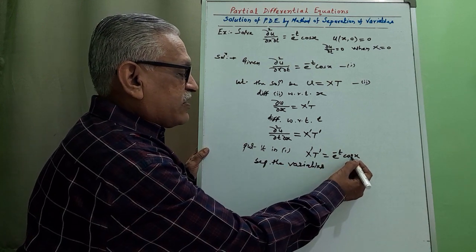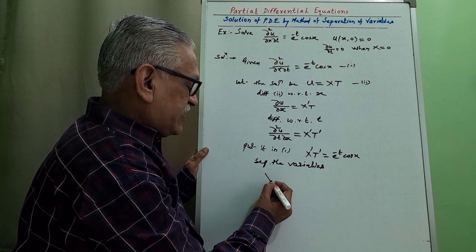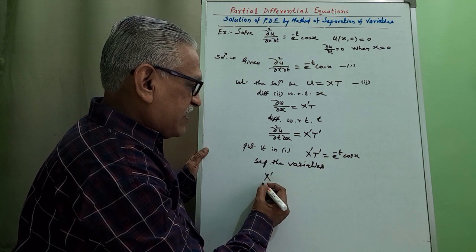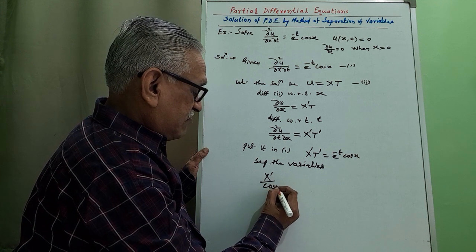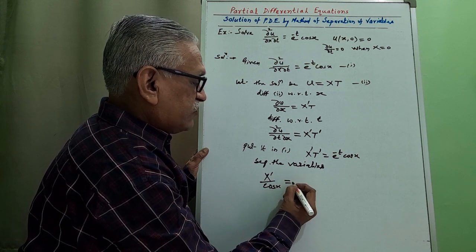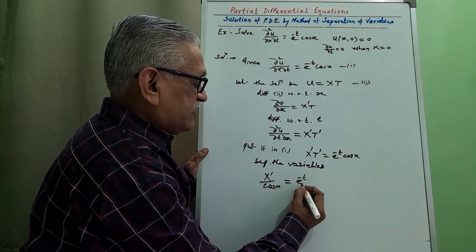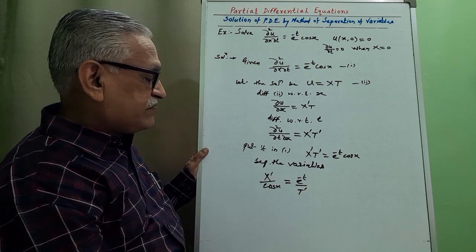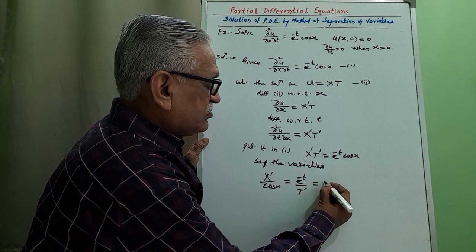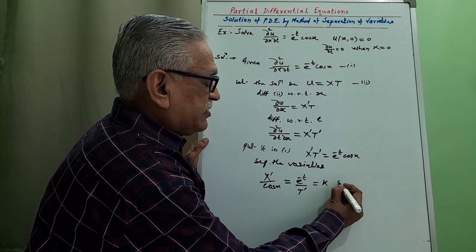For that, I will transfer this term to the left. We get X'/cos x = e^(-t)/T' = arbitrary constant k.